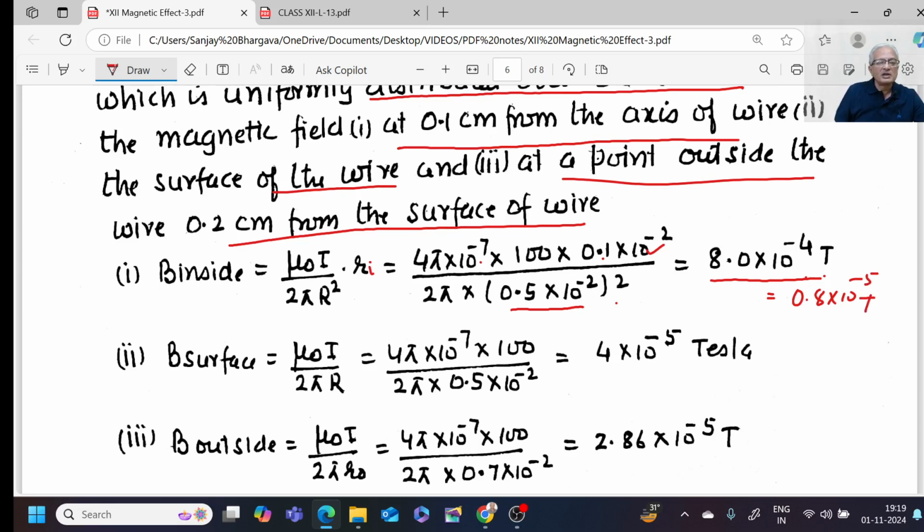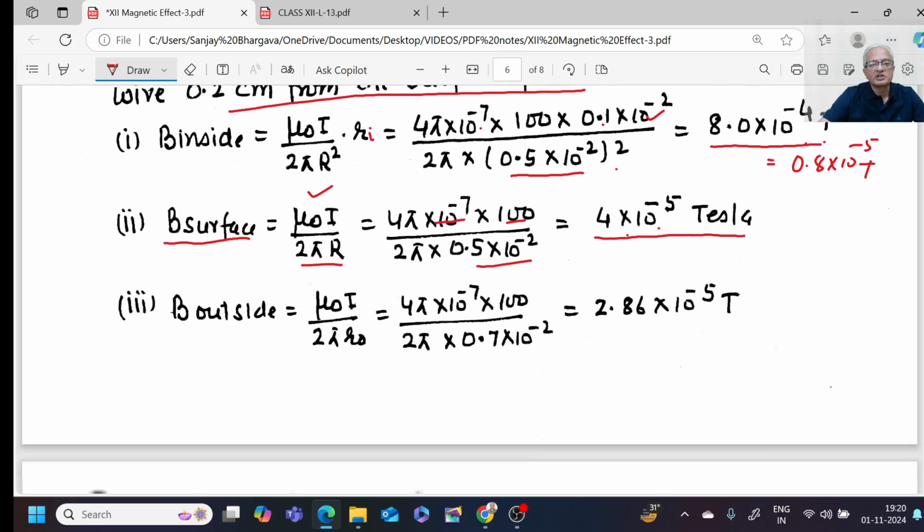Now what I do is I need to calculate magnetic field at a surface point given by the relation mu 0 I upon 2 pi r. Mu 0 is 4 pi into 10 raised to power minus 7, I is 100, 2 pi and r is 0.5 into 10 raised to power minus 2, that is 4 into 10 raised to power minus 5 Tesla. So magnetic field at the surface is a maximum, and outside it decreases from there according to the distance as given in the question.